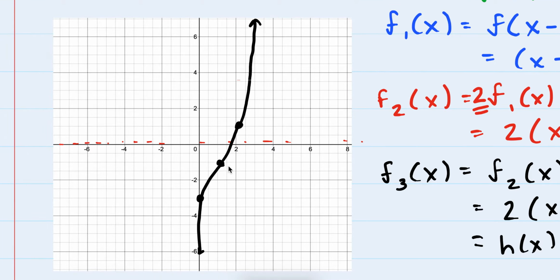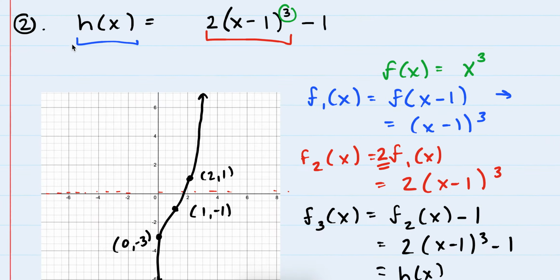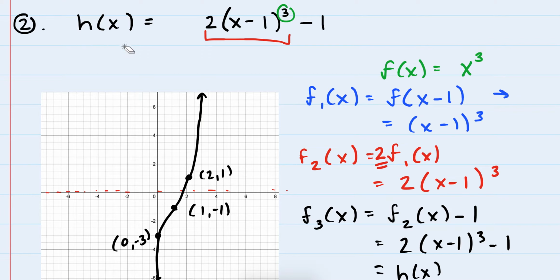So this point is (1, negative 1). This point looks like (2, 1), and this point is (0, negative 3). Let's see if I got the right graph. What happens when I plug 1 into this function here? So h of 1 is 2 times (1 minus 1) cubed minus 1. 1 minus 1 is 0.